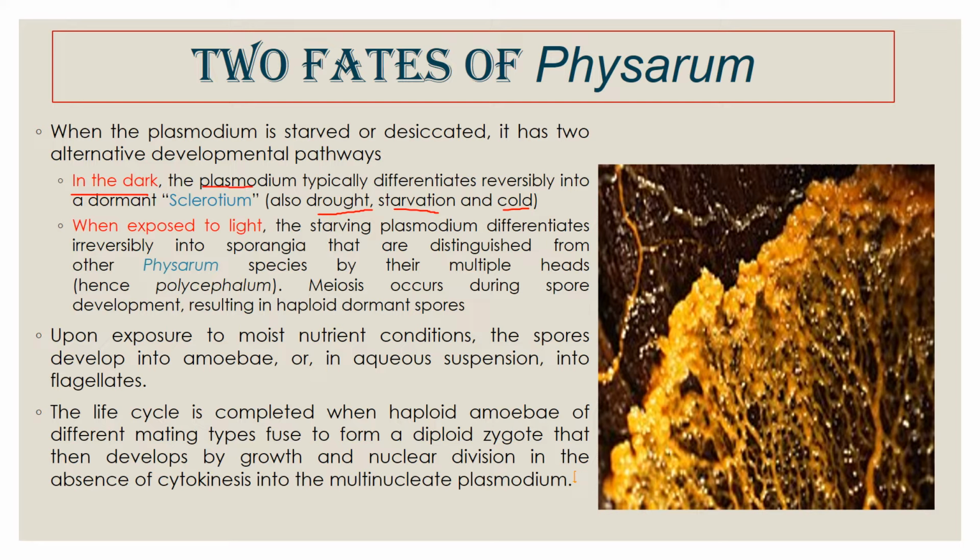So there are two alternative pathways. One occurs in the dark and one in the light. In the dark or when exposed to stress, this plasmodium is converted to a structure called sclerotium. Now sclerotium is just the plasmodium with a thickened cell wall.